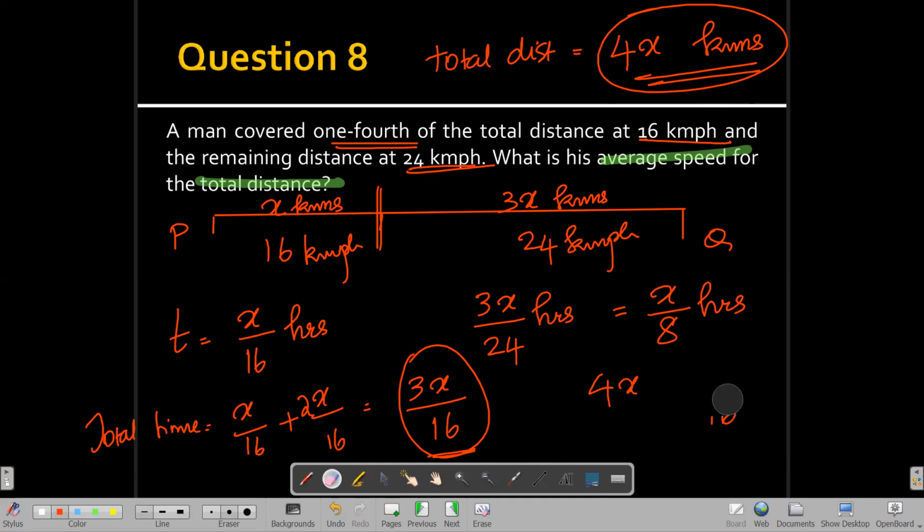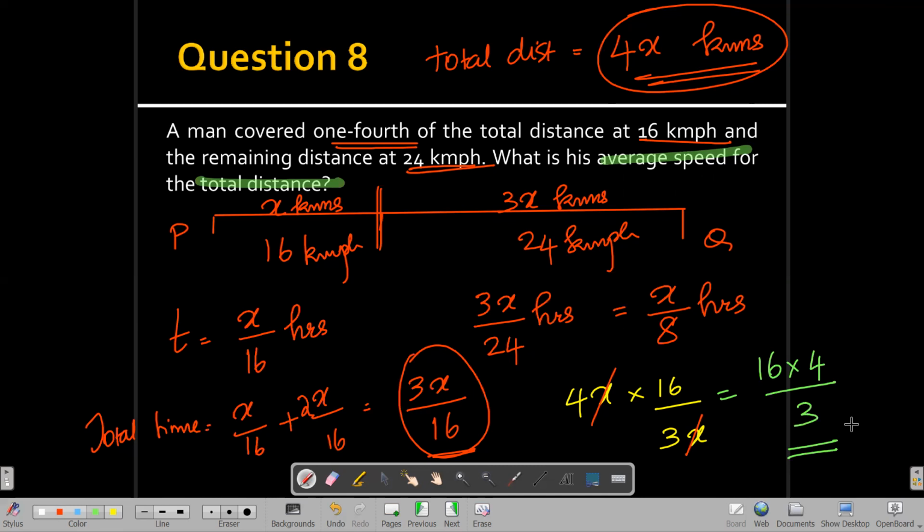Division is nothing but multiplication with the inverse. So now this will come as 4x into 16 upon 3x. And you can see that x will get cancelled off. So finally the average speed is 16 into 4 upon 3.